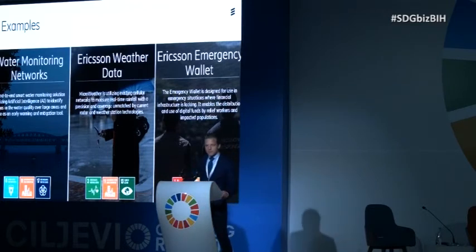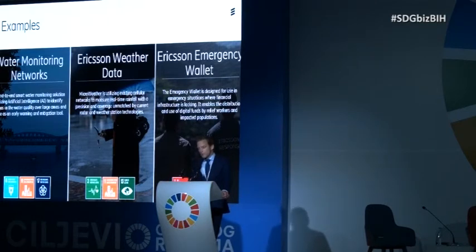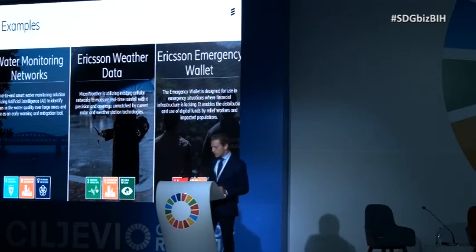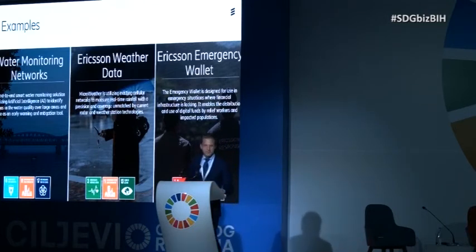The last one is the Ericsson Emergency Wallet, and that's basically a twist on a mobile financial services solution that Susanne was talking about. Here we have taken mobile financial services, but twisted it for international aid organizations or international disaster response organizations. Like if it's an earthquake somewhere, the UN comes in and you have a bunch of money that you want to give out to the people for them to be able to buy food or whatever.